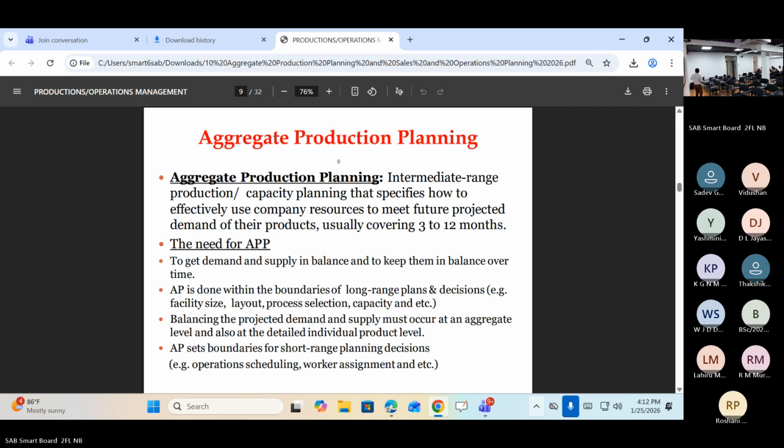Aggregate production planning is an intermediate term production planning step that specifies how to effectively use companies' resources to meet future projected demand of their products, usually for the medium term, 3 to 12 months. Is that clear?